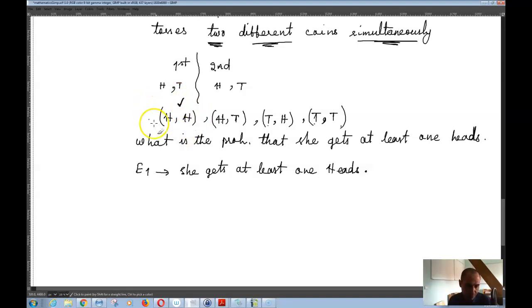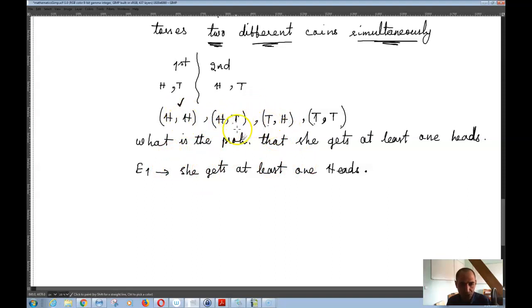This would be favorable to E1, this would be favorable to E1, and this would be favorable to E1. And it doesn't really matter, based on the way that the question has been asked, which coin gives you the head.